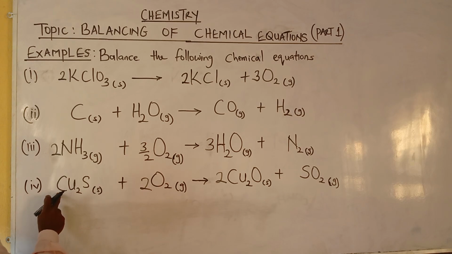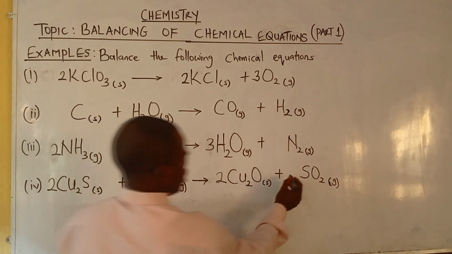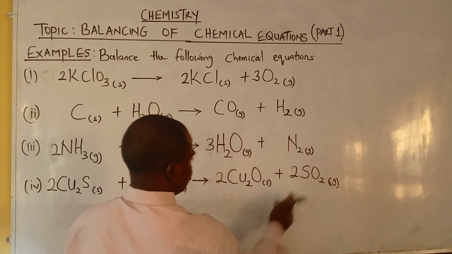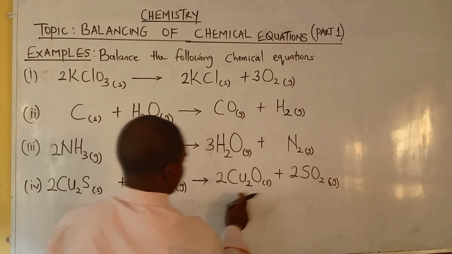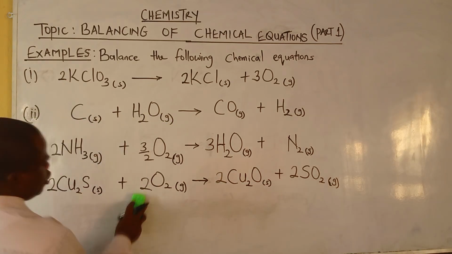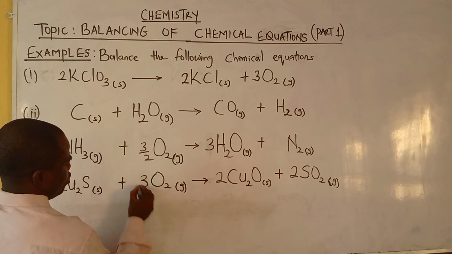Let's add 2. When you add 2 here, the sulfur will be 2. Okay, let's add 2 here. When you add 2, you have turned the oxygen at the product side to be 6. Now change this one to 3.